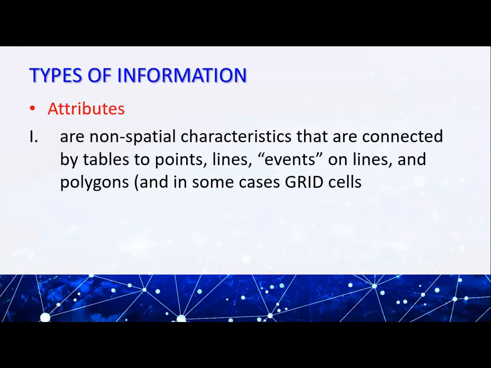Then we also have attributes information. Most of us here are very familiar with attributes information. These are more tabular in form, and mostly they have non-spatial characteristics. Non-spatial meaning usually they don't have coordinates or anything like that. So there could be tables describing things. For example, you could have an attribute describing a building. So under a building, what are you going to describe?